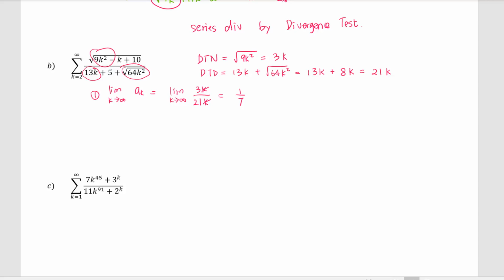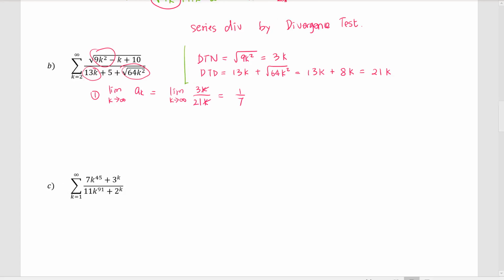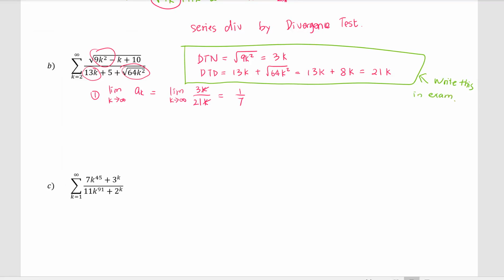So in the exams, make sure you include this. Write this in the exam. It's so important. Because 1 over 7 is not 0, as long as the limit of the sequence is not 0, the series diverges by the divergence test.